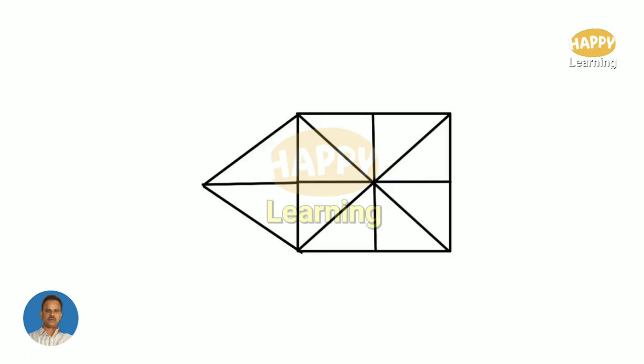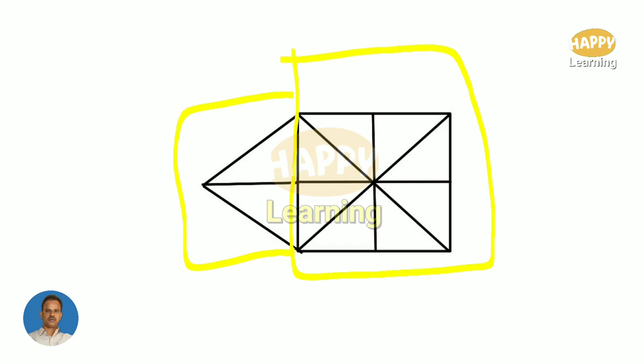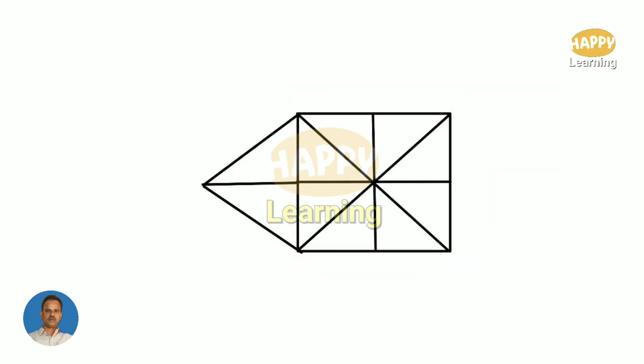So here we can separate this like that. This is one separate part and this one as a separate part. We can assume two different parts. Okay, right. Here 1, 2, 3, 4, 5, 6, 7, 8.